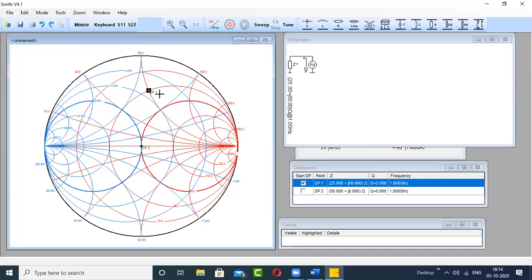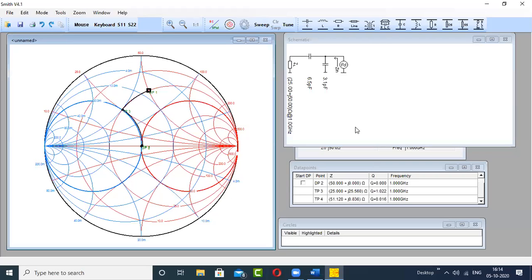On the left hand side only, but the upper part of the 1 plus jB circle, the two capacitors part. So it was this, no? This one, yes. I asked them to verify the answers.